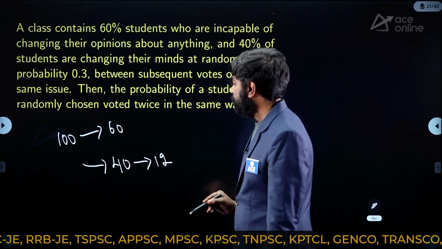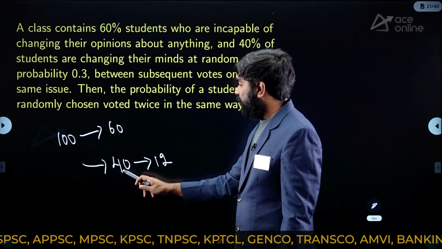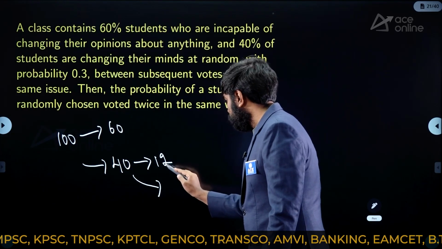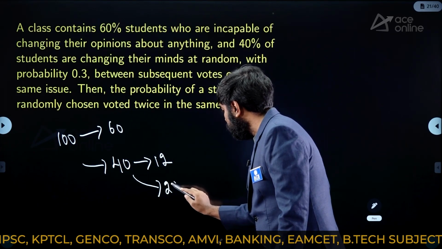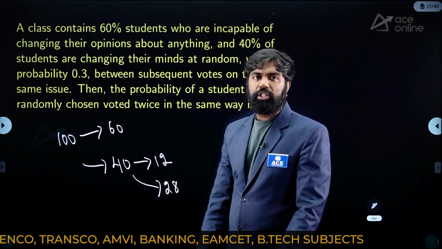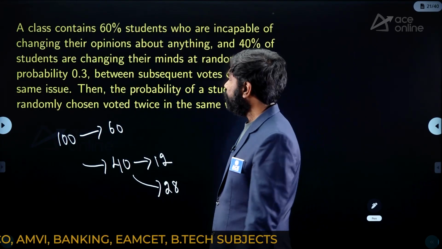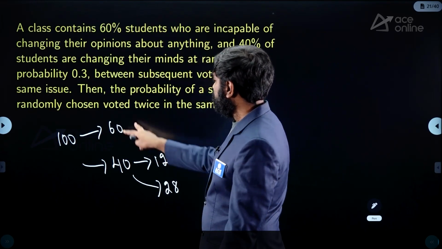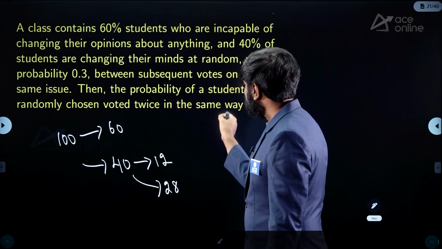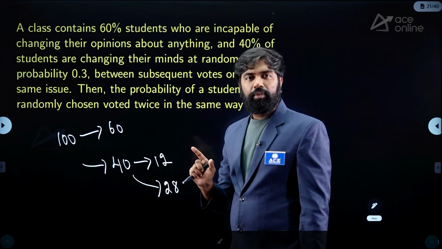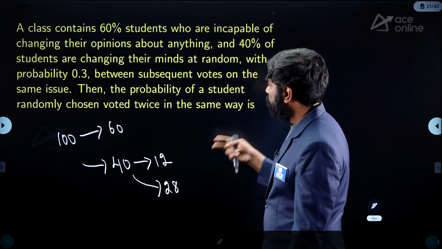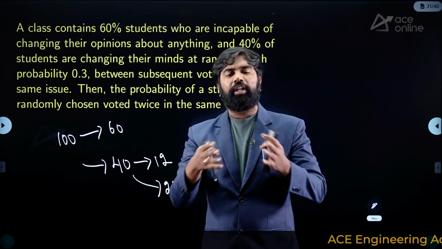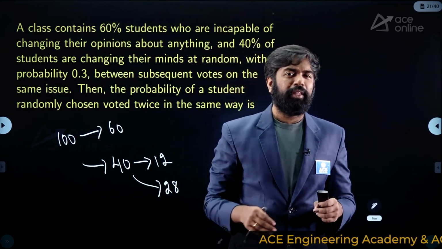That's what it means. So in this 40, if you subtract 12, there are 28 people who do not change their opinion in this category. Then the probability of a student randomly chosen voted twice in the same way is... So you can think of it this way: let's say you have gone for the election and you have voted.